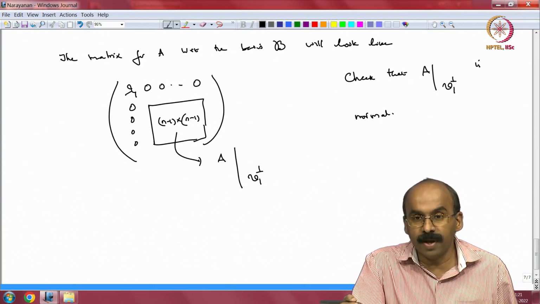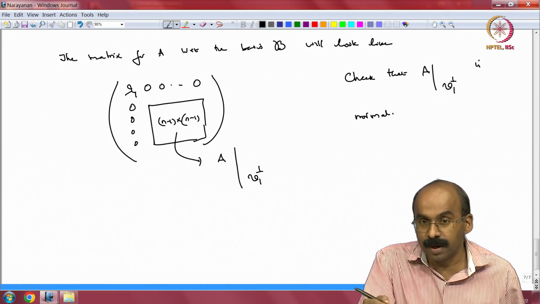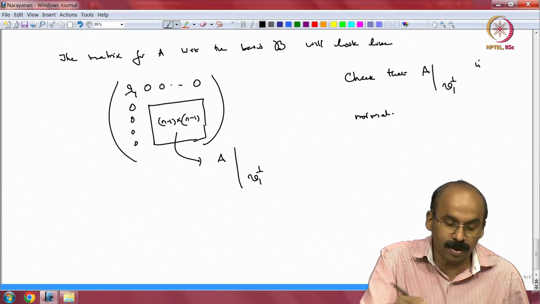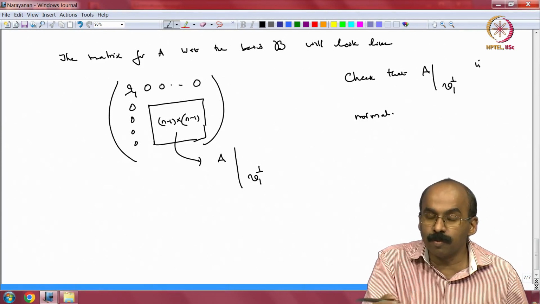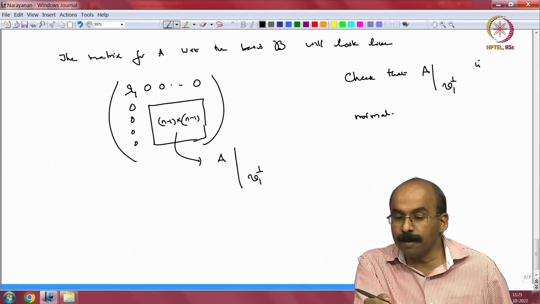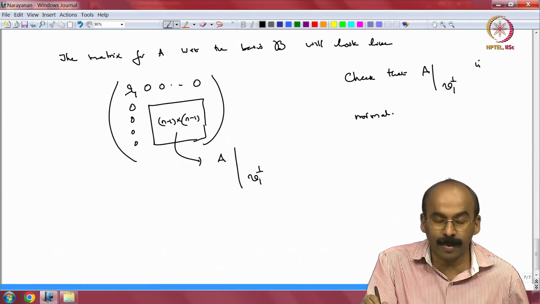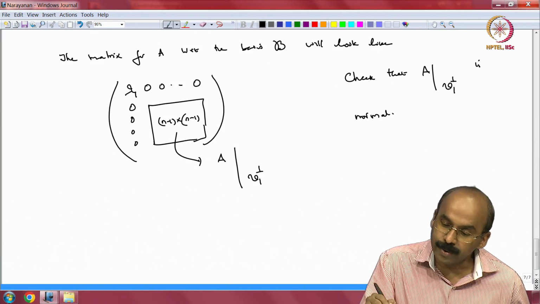leaves V1 perp invariant. So, it is actually a restriction, right, there is no projection involved there, and it is normal there because this is how the matrix looks like. So, if you multiply the matrices, you will see that that n minus 1 cross n minus 1 matrix has to be normal, and then you can continue, right.